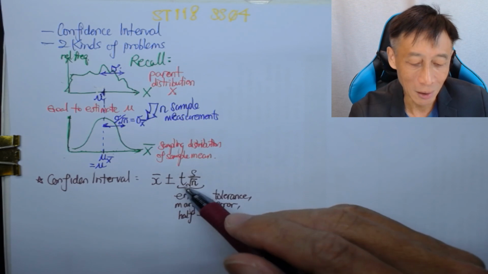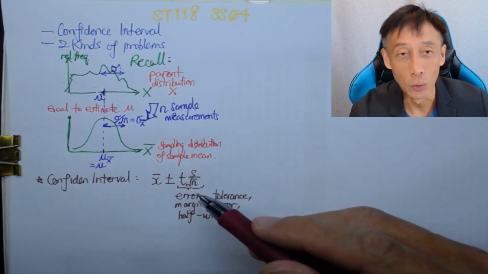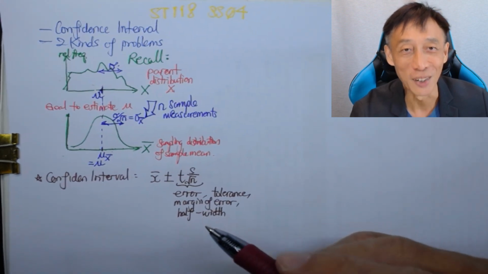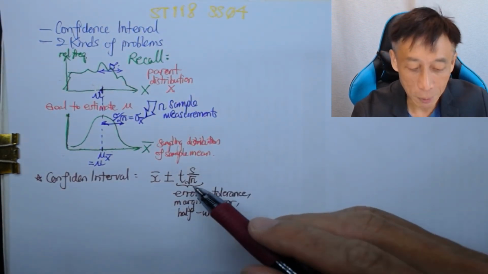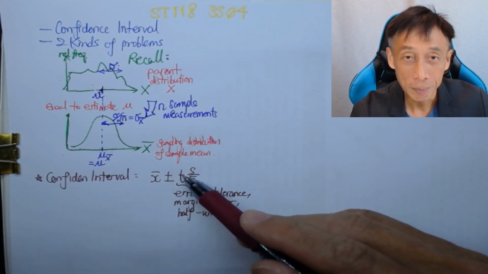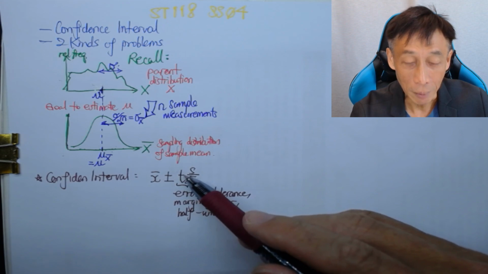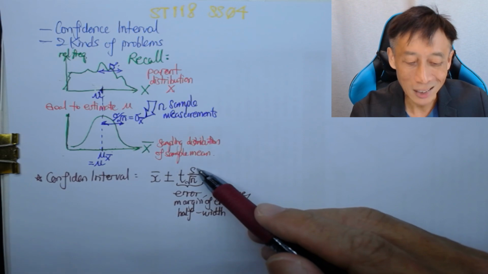So we want this error term. If you are the one giving this error bound, you want to give a quality error bound by making it as small as possible, isn't it? But making it as small as possible means either your t is very small, or your s is very small.